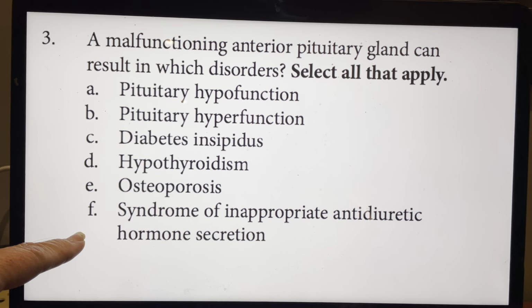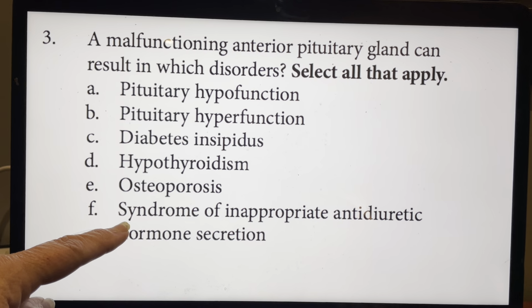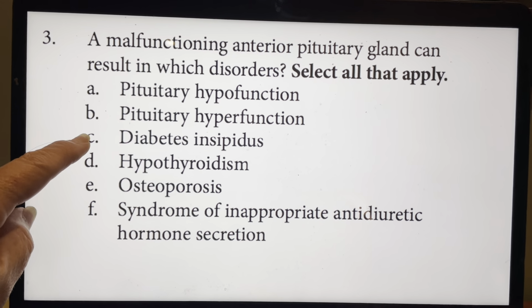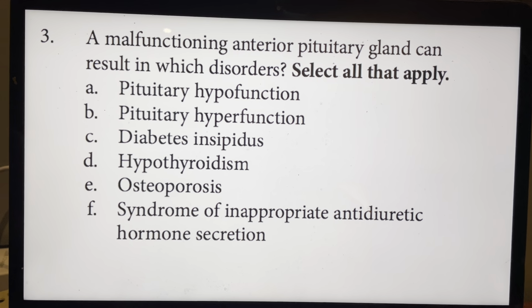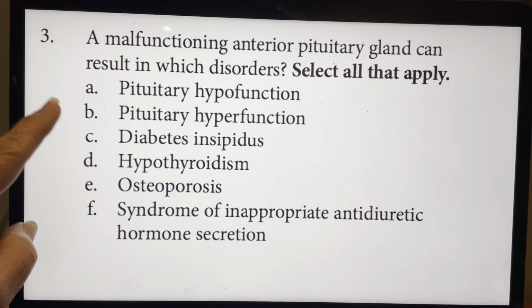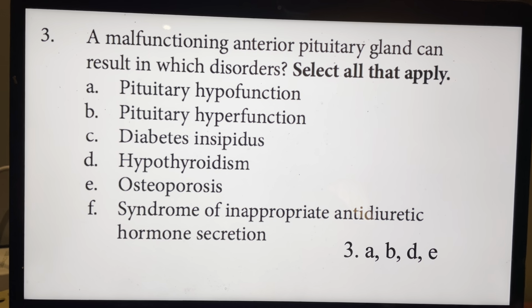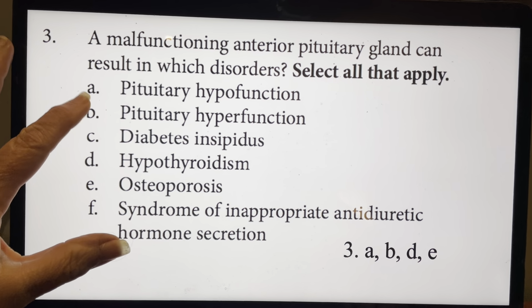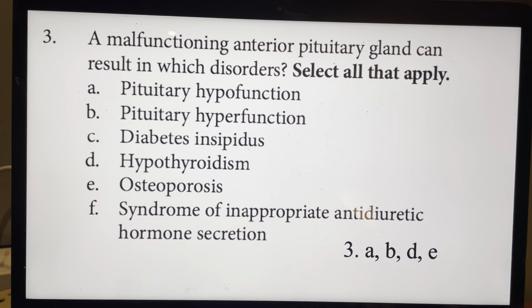If they had a gun to your head and said you had to answer it, what would you put? Now, we just saw these 2 right here. That one and that one was over there on the posterior. So we can throw them out. You got your answer? A, B, D, and E. Okay.